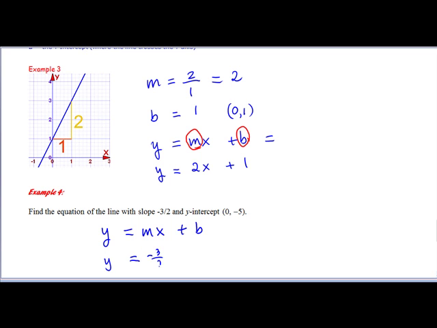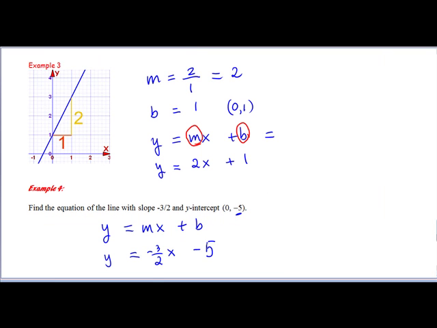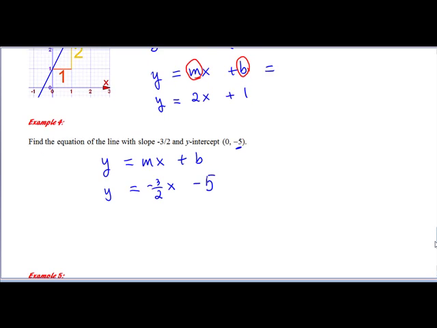The slope is -3/2 times x. The y-intercept is -5, this is the b right here. So we're done. That's the equation of the line. This is our answer.